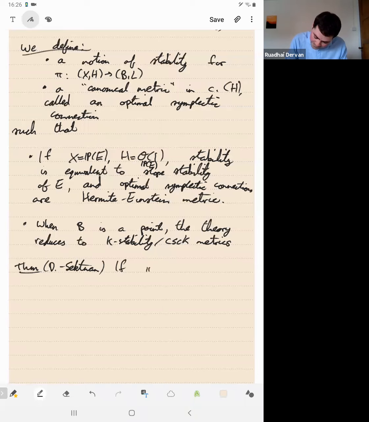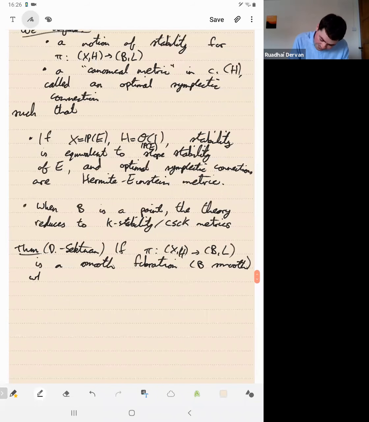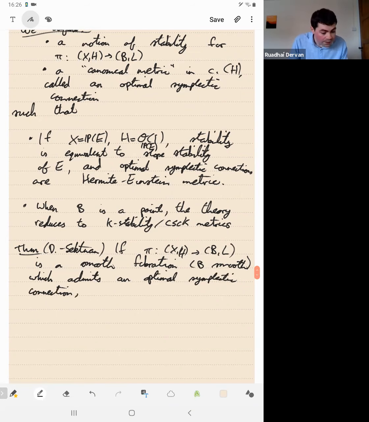Our result is that if a fibration X_H to B_L, so it requires smoothness, so this is a smooth fibration, and I'll also assume that B is smooth because I want to do Kähler geometry, admits an optimal symplectic connection, then it's semistable in the sense of fibrations that I'll define later.